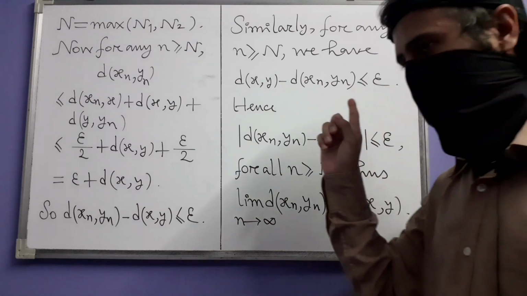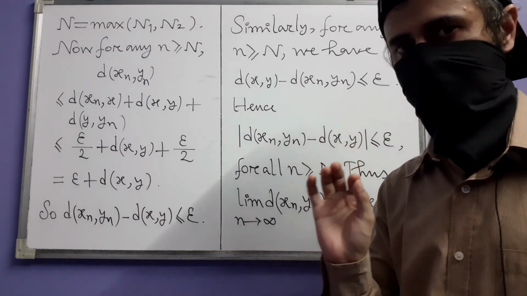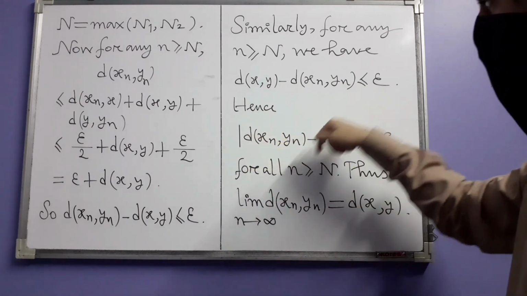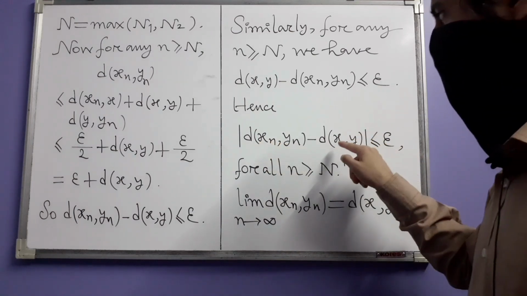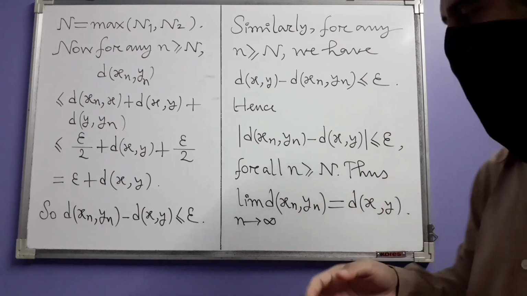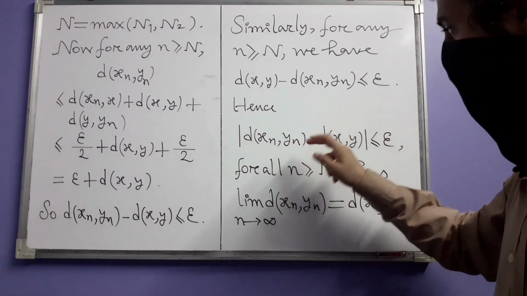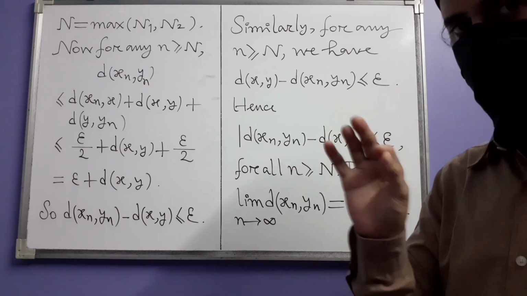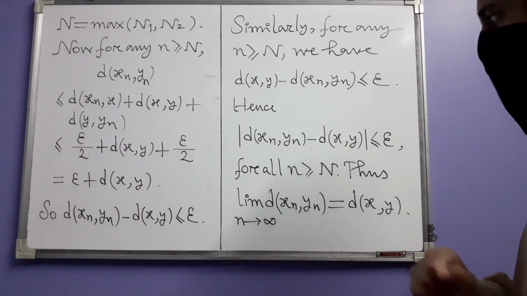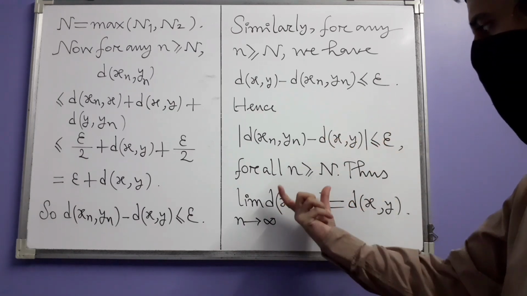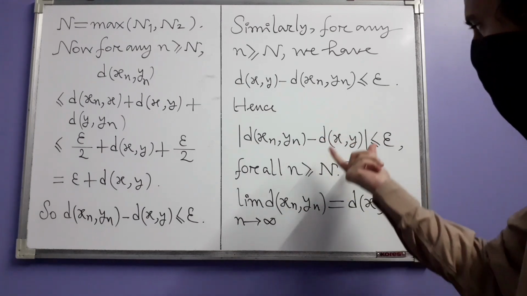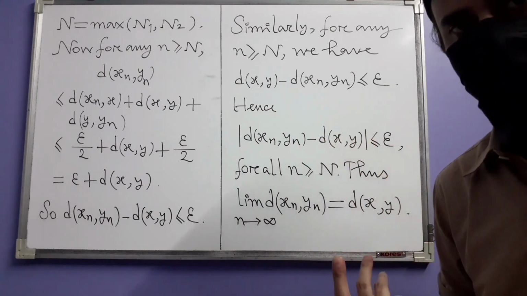That for our chosen epsilon in the very beginning, there exists a positive integer N such that the distance between these two real numbers, one of them is d(xn, yn), which changes depending on n, and the real number d(x, y), which is fixed, is less than or equal to epsilon for all n greater than or equal to N. But that just simply means that this sequence, whose nth term is d(xn, yn), this sequence of real numbers converges to this real number, and that's it.